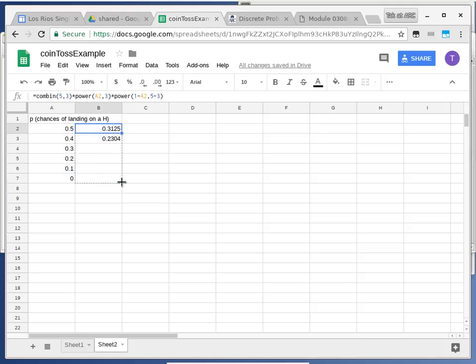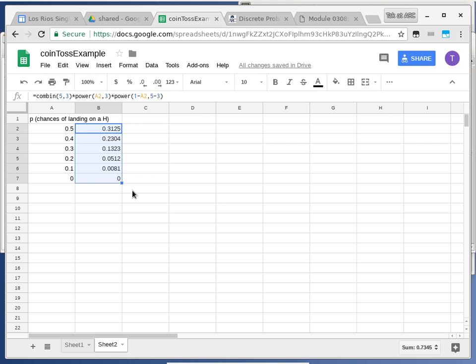In other words, the probability of having 3 coin tosses out of 5 landing on the head, when the chance of landing on the head individually is only 0.1, is a very, very small chance. It is less than 1%. So is that okay? Cool. All right.